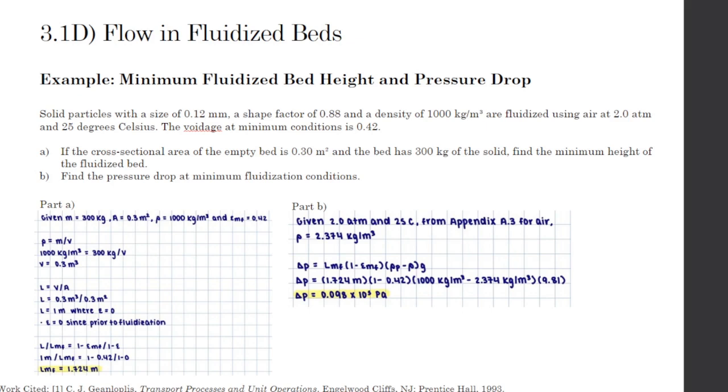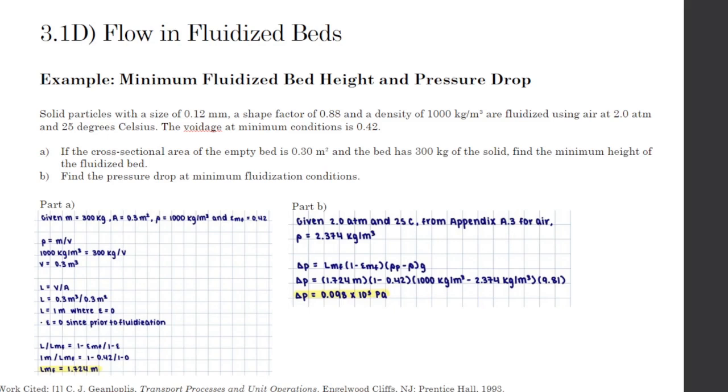So here, working it out and using the given mass, area, density, and epsilon mf, we can begin to calculate this L. First, I used the density relationship of mass over volume in order to find the volume of the solid. So here you use the density of the solid, that's 1,000, as well as your 300 kilograms of solid, the mass, to find that the volume is 0.3 meters cubed.